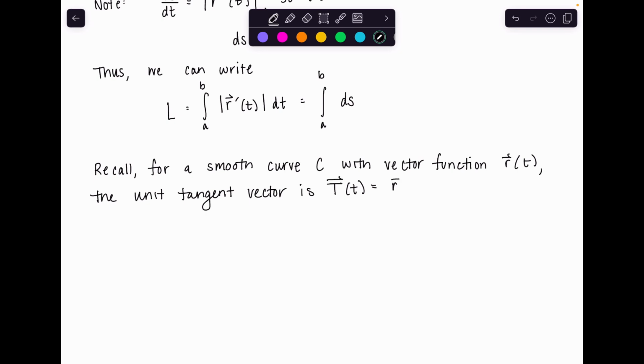It's exactly the derivative of r over the magnitude of that derivative. And just like tangent lines gave you an indication as to where the curve was headed, it was like headlights if you're driving along that road. That's exactly what this unit tangent vector does. So the unit tangent vector is given by this, which helps indicate the direction of the curve.